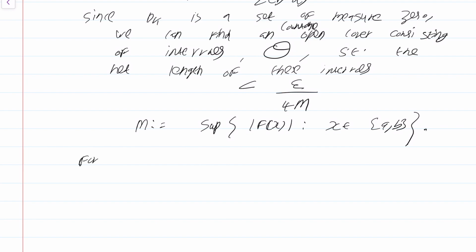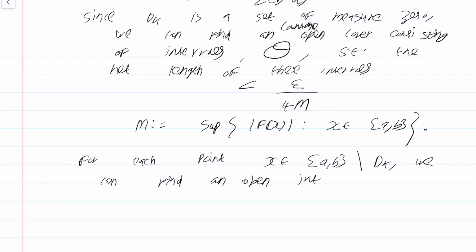For each point x in [a,b] minus D_k, we can find an open interval I_x such that the oscillation at x of f is less than 1 by k. We already know this because that's how x was chosen.